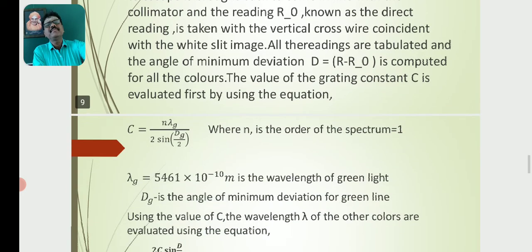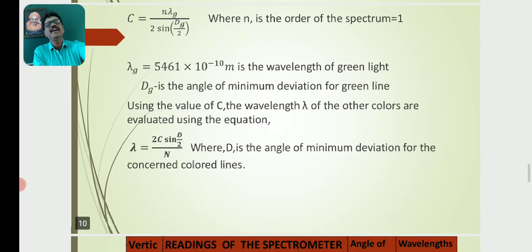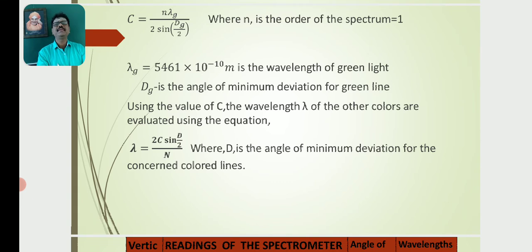This is the expression for the determination of the grating constant. C is equal to n lambda g by 2 sine of Dg by 2, where Dg indicates the minimum deviation for green color, and n, for the first order spectrum, is equal to 1.